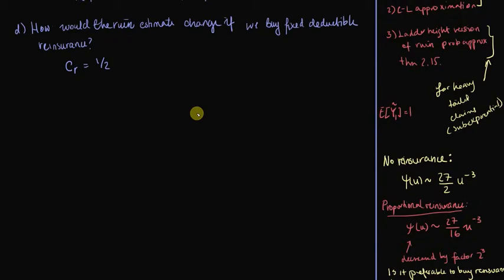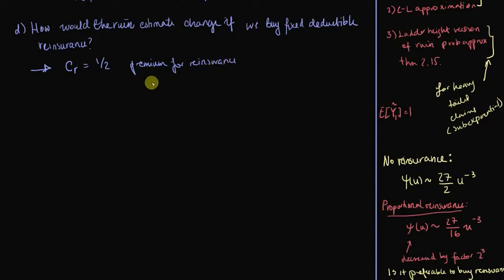And the setup we're playing with here is we assume the reinsurance premium rate is 1/2. So assume that the premium for reinsurance is 1/2.